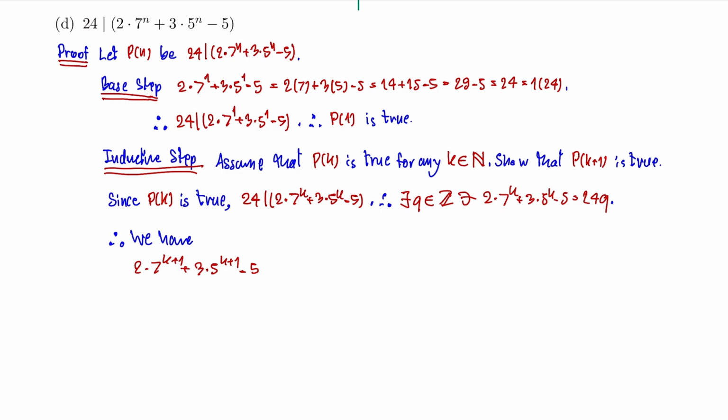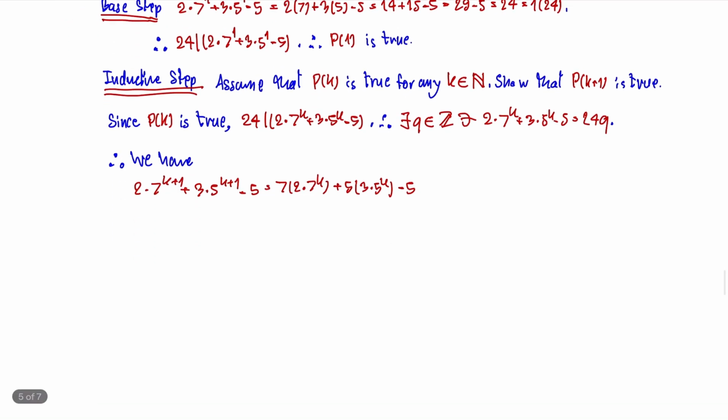Okay, so let's try to have 24 being a factor of this term. Right now we're going to have 7 times 2 times 7 to the k, because we have k plus 1 as an exponent, and plus 5 times 3 times 5 to the k minus 5.